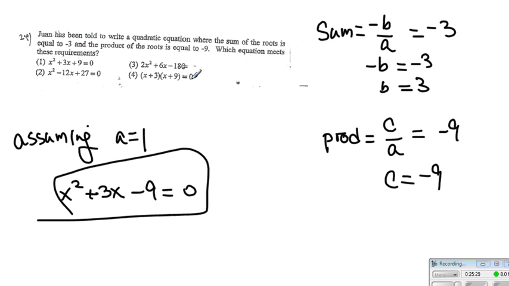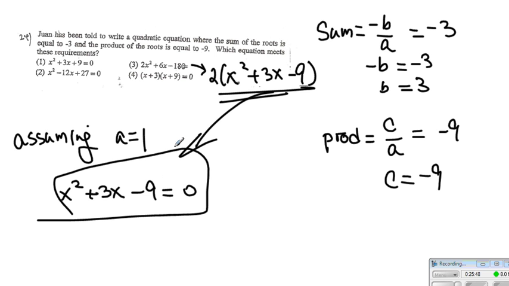In fact, our answer would have been this one without negative 18, because in this case, if you factor out 2, what we end up getting is x squared plus 3x minus 9, which is equal to what we have. So therefore, choice 3 would have been our answer, assuming that there's no 0 at the end, right here.